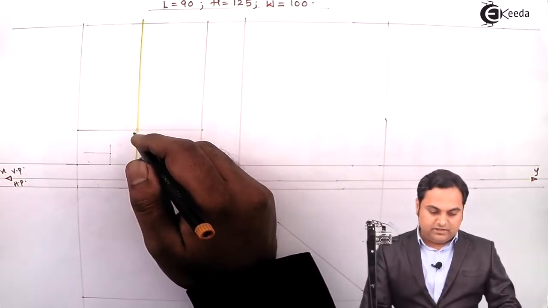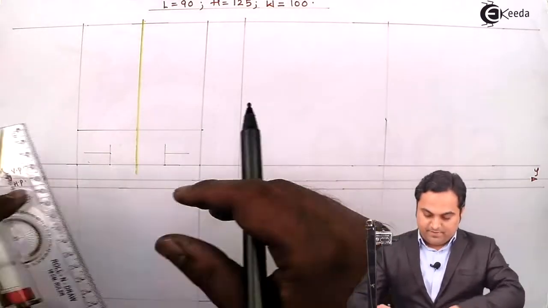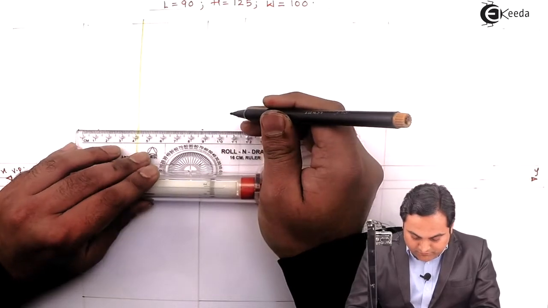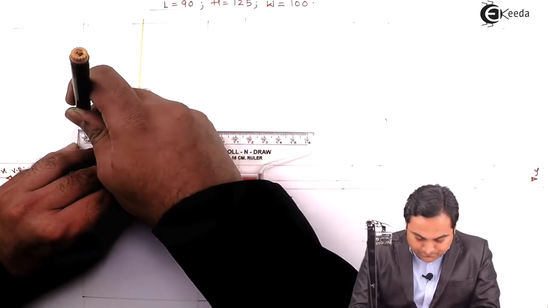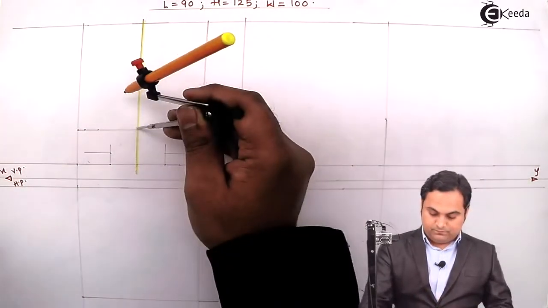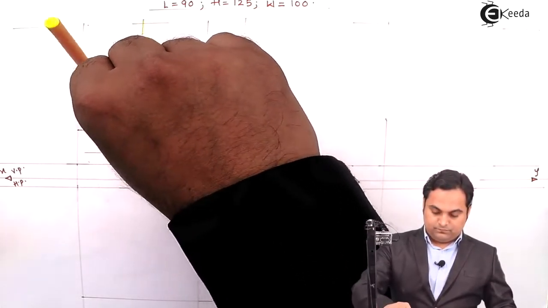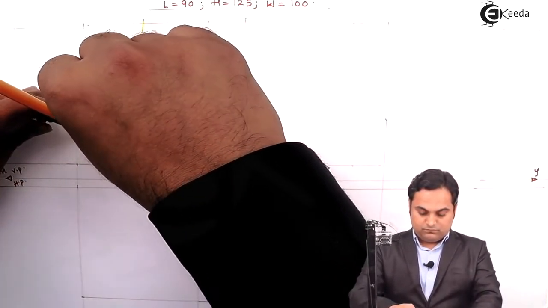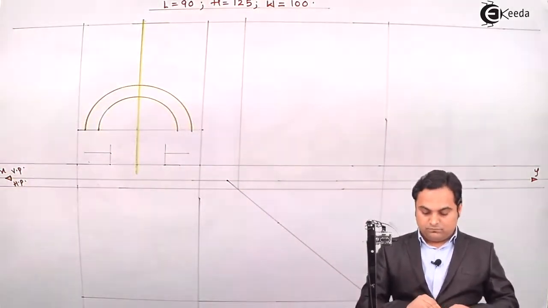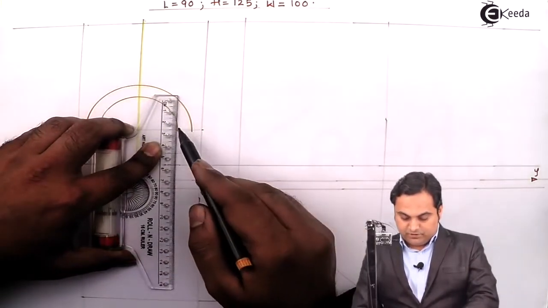Then keeping this same center, I'll draw a light semicircle, first of radius 30 mm and the other will be of radius 40. Projecting them down.